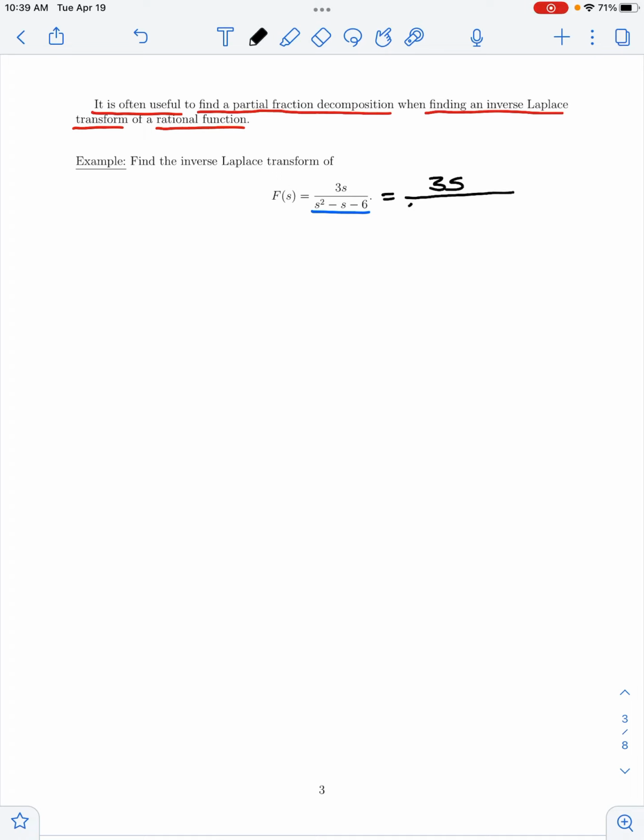So by factoring this denominator, I could rewrite it as s plus 2 times s minus 3. And so I could think of this function f of s as kind of a product of 2 terms. I have something like 3s over s plus 2 times 1 over s minus 3.